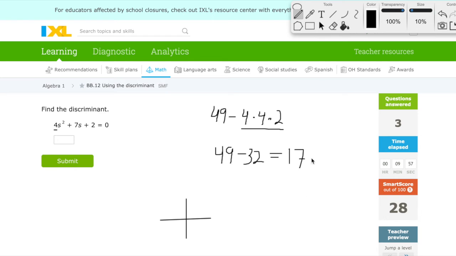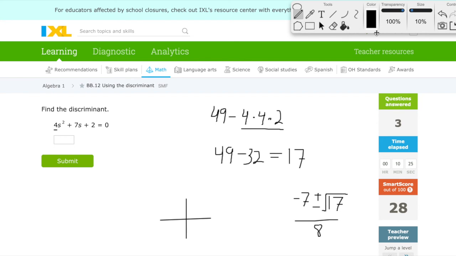So we'd have negative b, which in this case would be negative 7. Let's actually fill that in. Negative 7 plus and minus the square root of 17, but we know that's a positive number, divided by 2 times a, so that'd be 2 times 4, and you get 8.